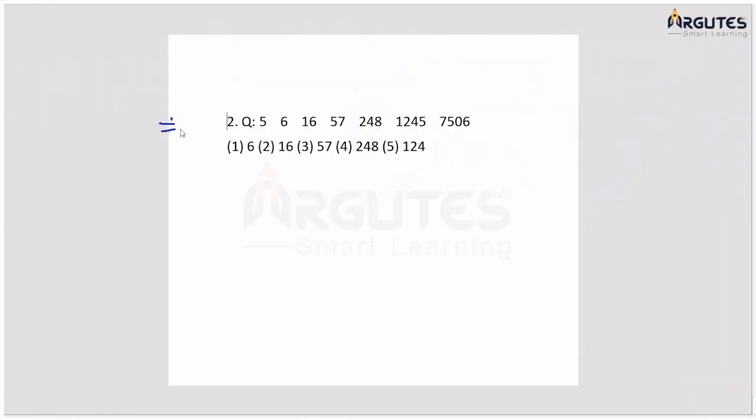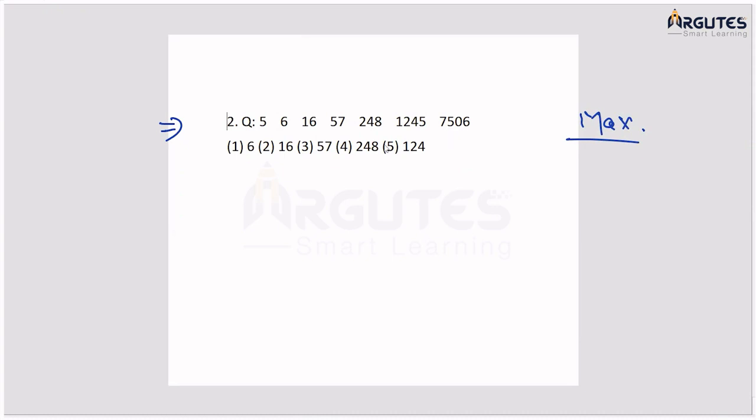Now let us look at another question. The series is given: 5, 6, 16, 57, 248, 1245 and 7506. Now again look at the question. Looking at the series we find that this series comes under the maximum slope. How do we find that?